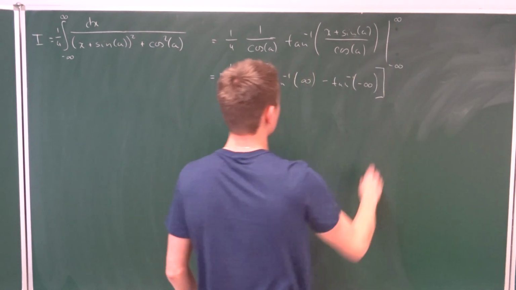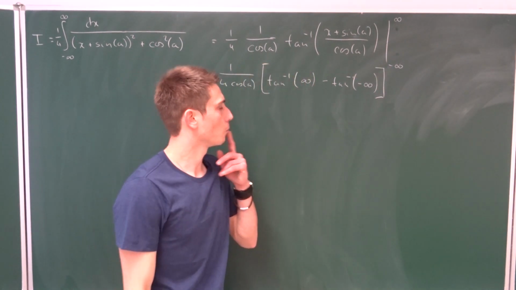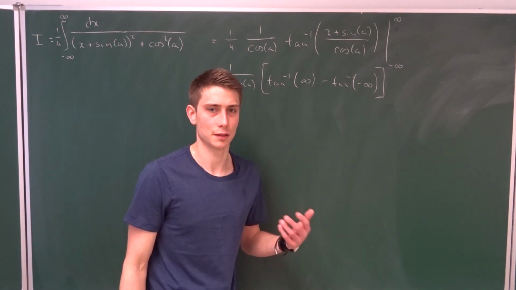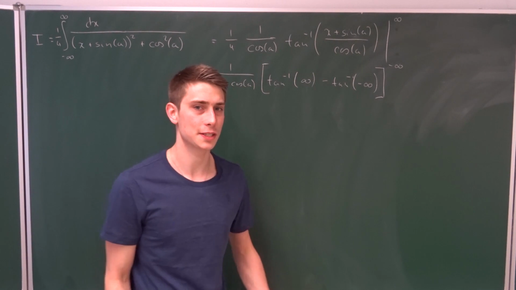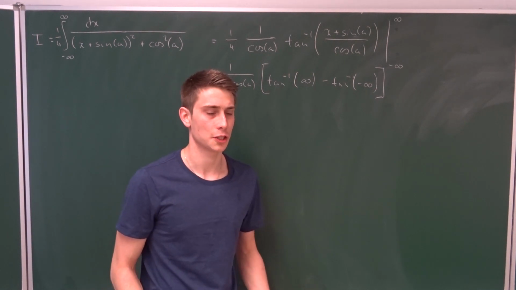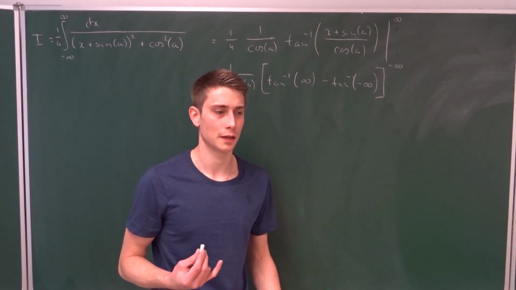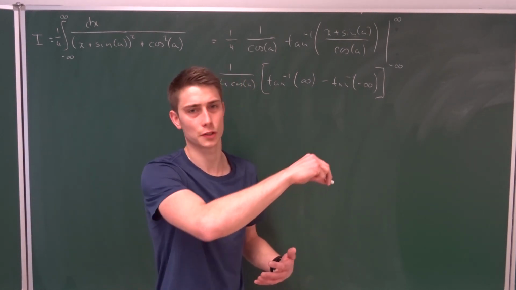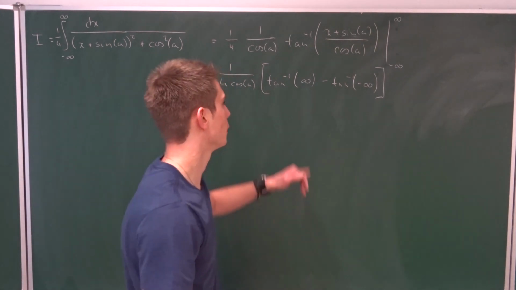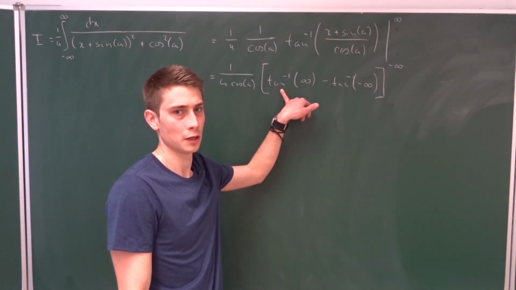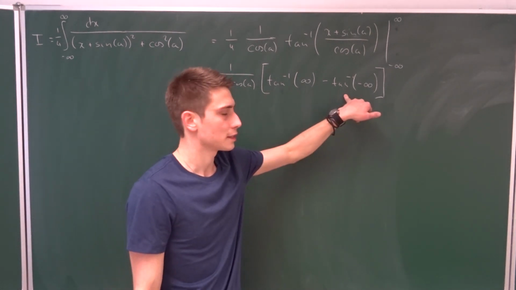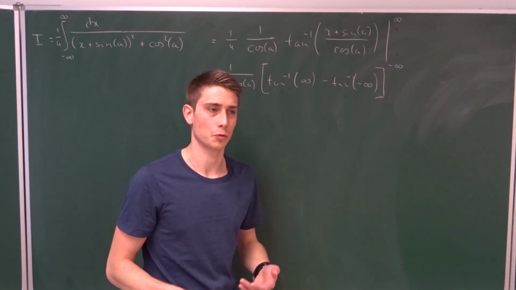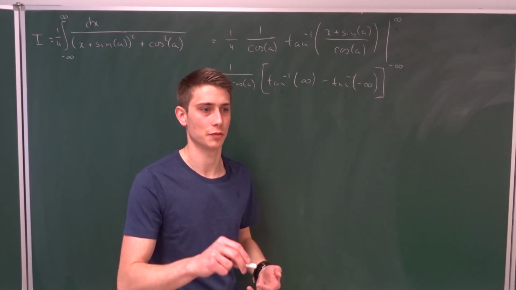Okay, so what's the inverse tangent of infinity? Just think about when does tangent of x go to infinity? Yeah, if you go close to pi over 2, so that's nothing else than pi over 2. And the inverse tangent of minus infinity, think about when does the tangent of x go to minus infinity?